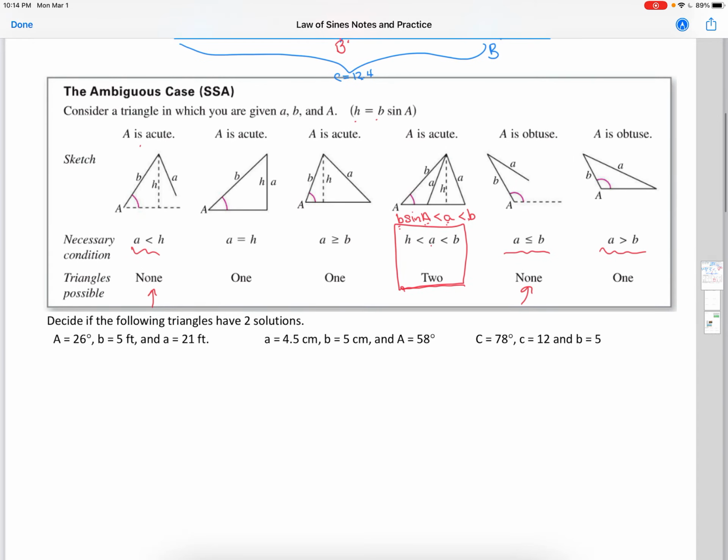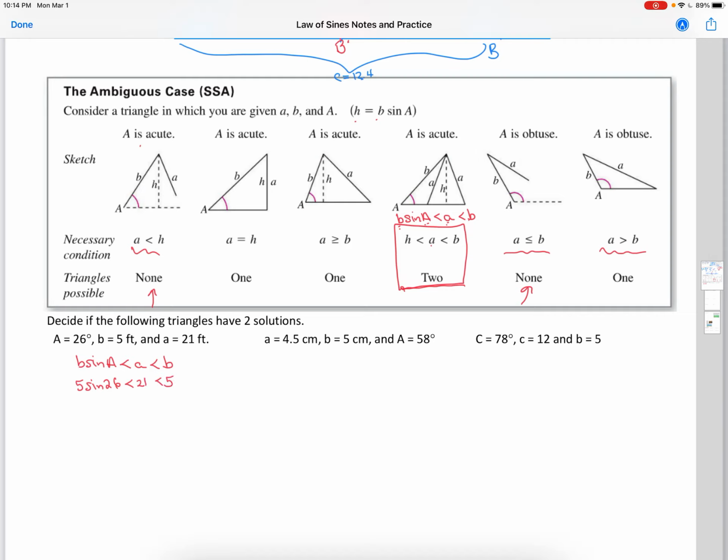So looking at the first one, here's our angle A, our side B, and our side A. So this is that side-side-angle kind of issue. We want to know, does B times the sine of angle A, is that less than side A, is that less than side B? So if I take 5 times the sine of 26, will that be less than 21?